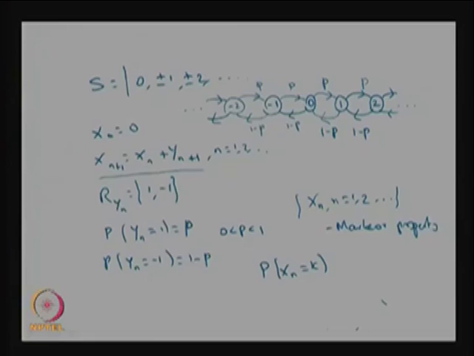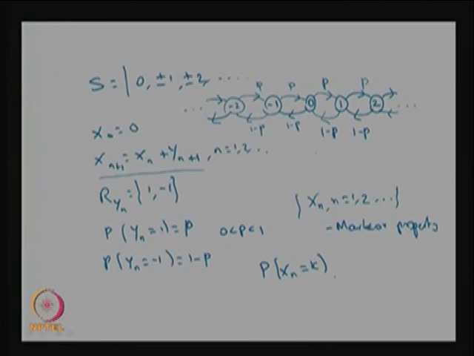The difference between the earlier example and this example is that the state space is countably infinite. Therefore, P is not going to be an easy matrix, it is going to be a matrix with many elements in it. Therefore, finding P square and P power n is going to be a little more complicated than for the usual square matrix.